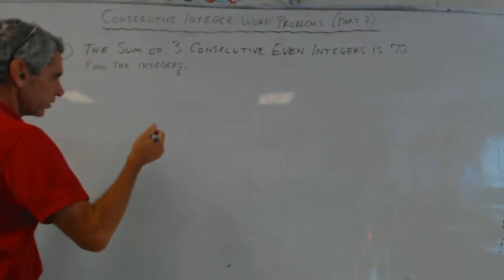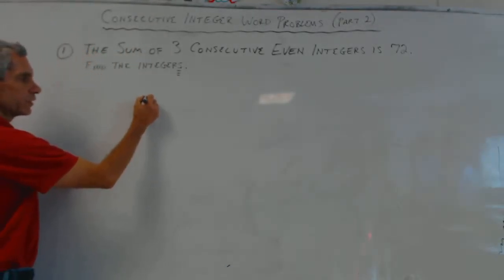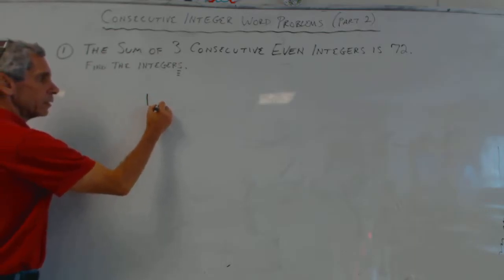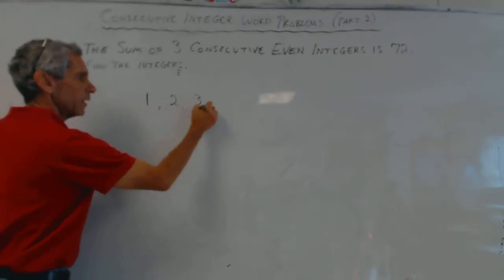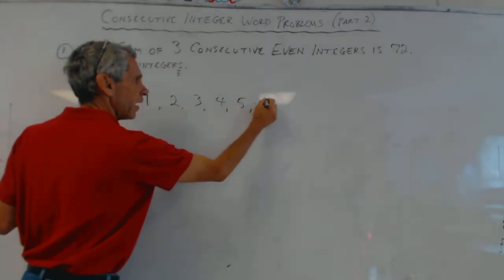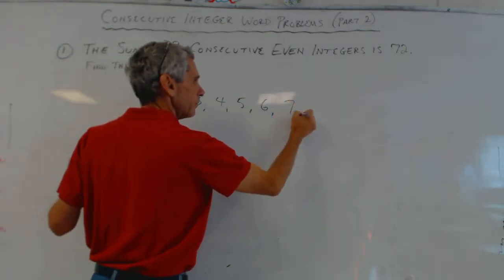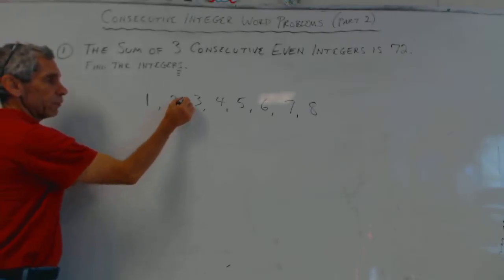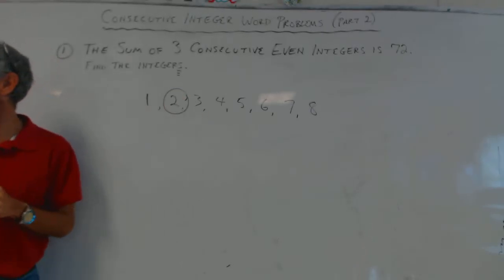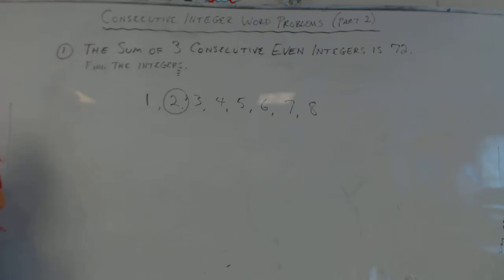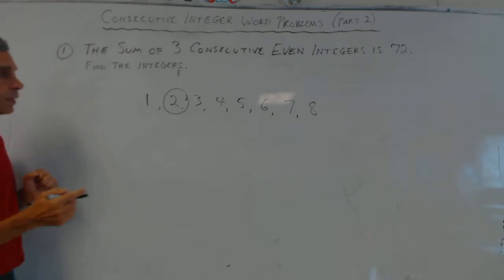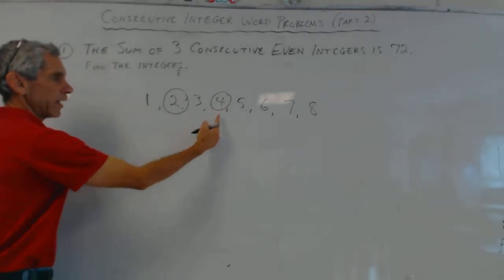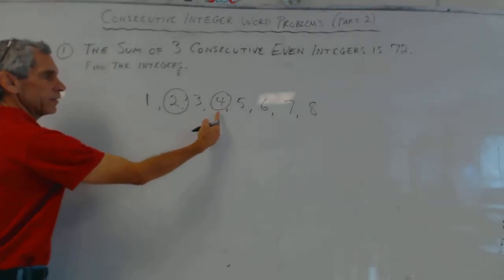All right, so let's just kind of play with this for just a second. We've got 1, 2, 3, 4, 5, 6, 7, 8. So if let's say our first number was 2, what would our second number be? 4. How would we write this though as a representation?